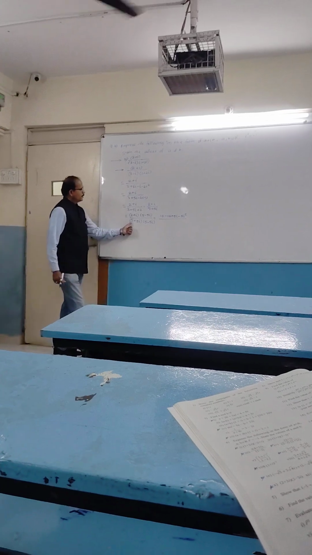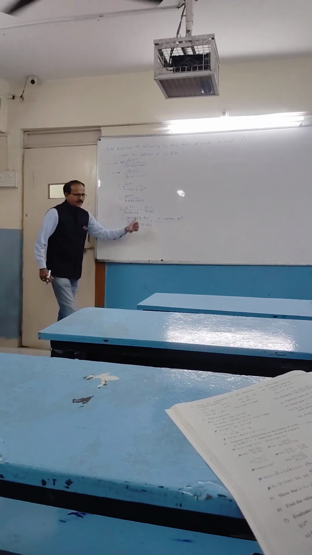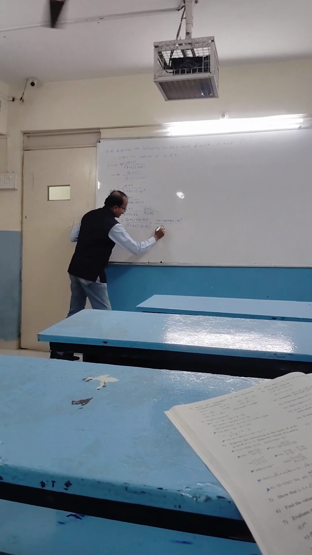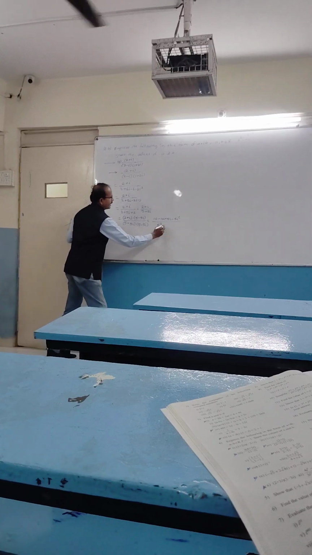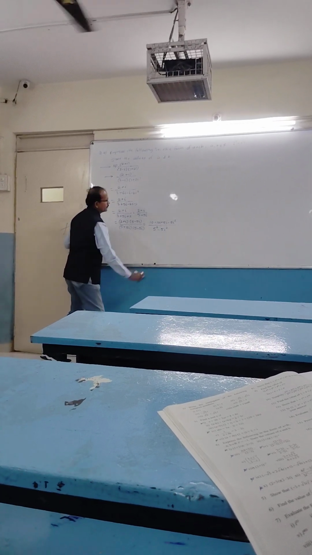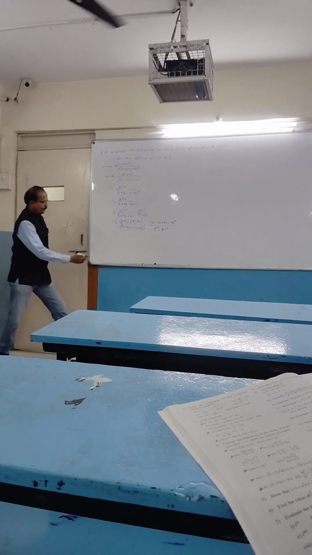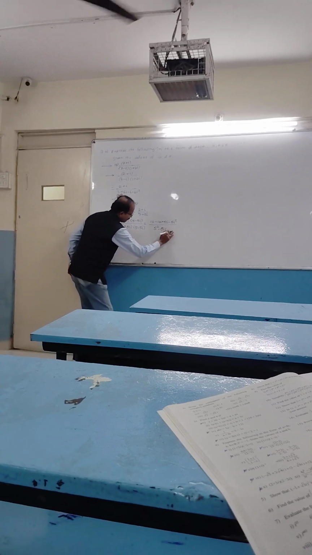Divide by (a + b)(a − b), which is a² − b²: 5² − (5i)².